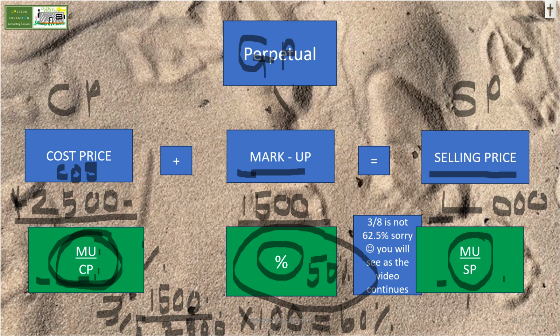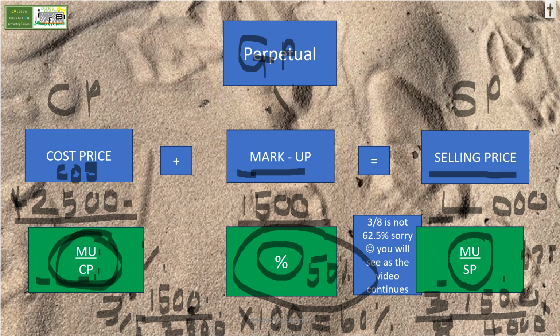The markup on the selling price: 1,500, markup is 1,500, divided by the selling price, which was 4,000, times by 100 will give you the percentage. This here is 3/8. I divided the numerator by 500 and the denominator by 500, and I get 3/8, and if I multiply that by 100, 62.5.